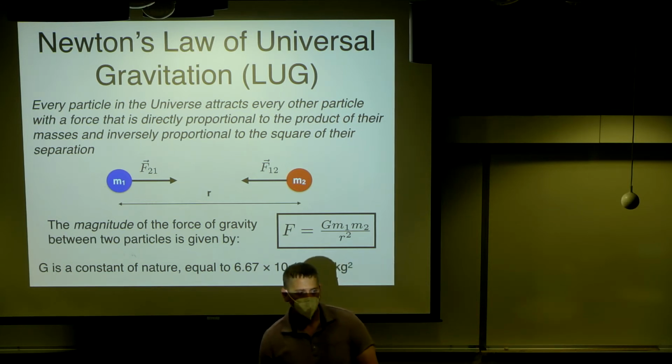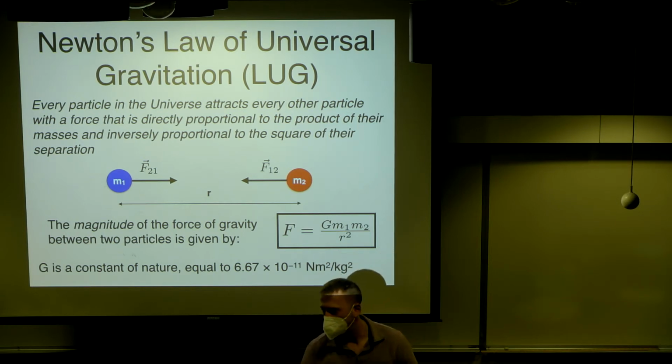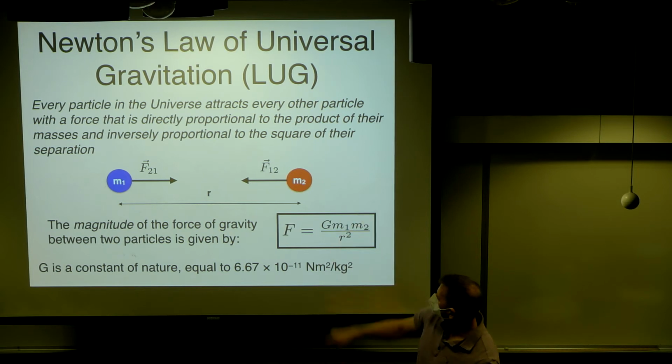So again, gravity is not just something that the Earth does or that the sun does. Every single particle in the universe, from the smallest thing you can imagine to the most gigantic black hole, exerts gravity. The way it does that is according to this law of universal gravitation.